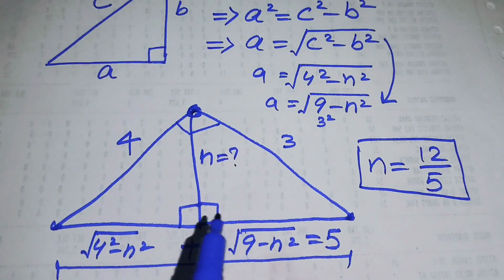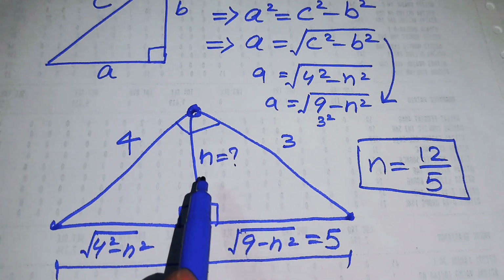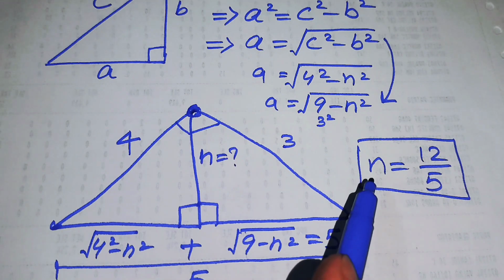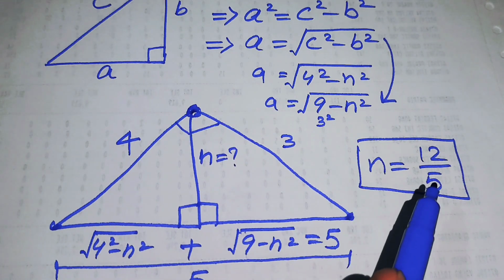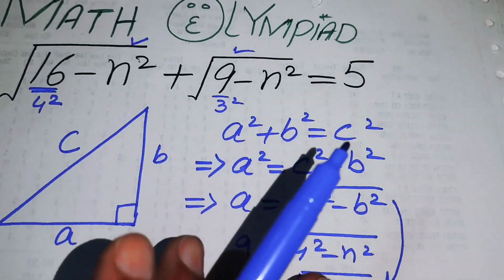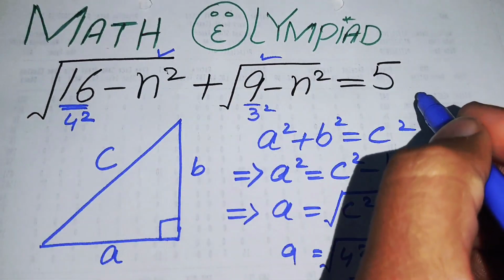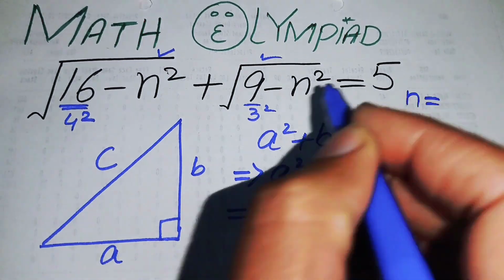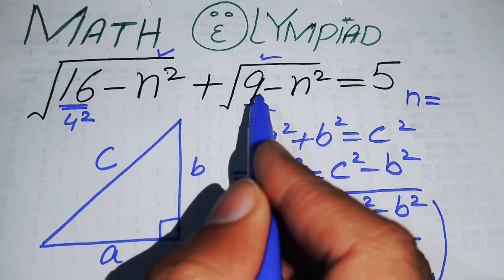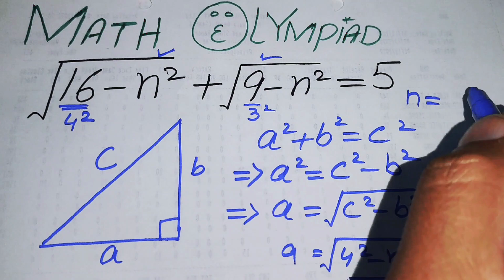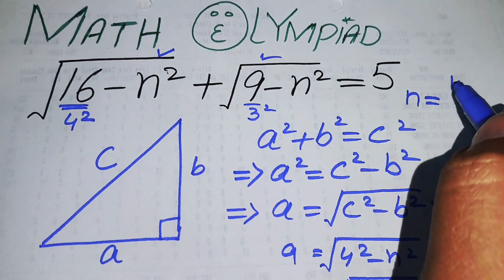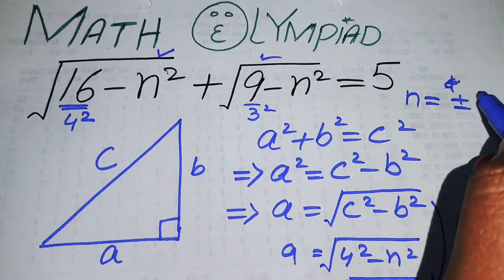So in the geometric method, n equals 12 over 5, and I cannot choose a negative value because in geometry we deal only with positive values, because the length of a side cannot be negative. So here we just choose the positive value. But if we focus on the question statement, the value of n holds for positive and negative.